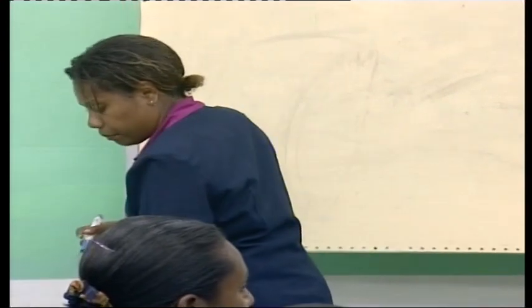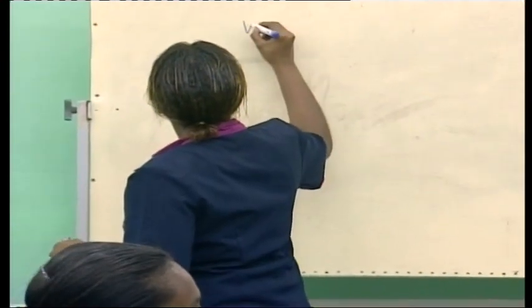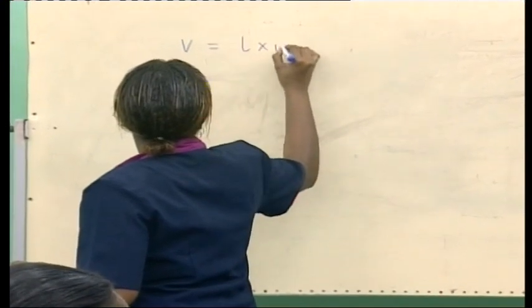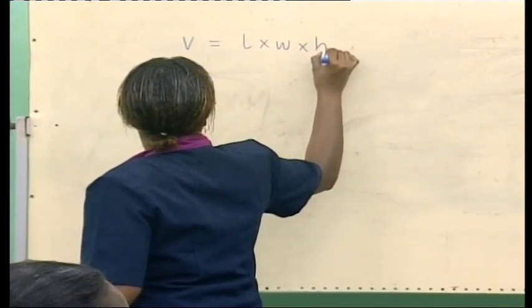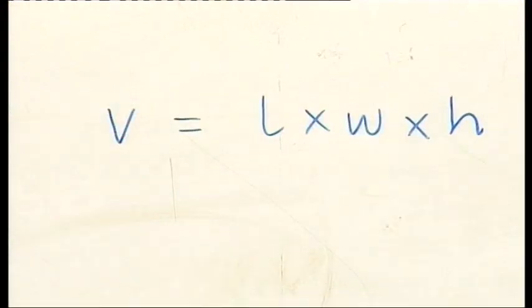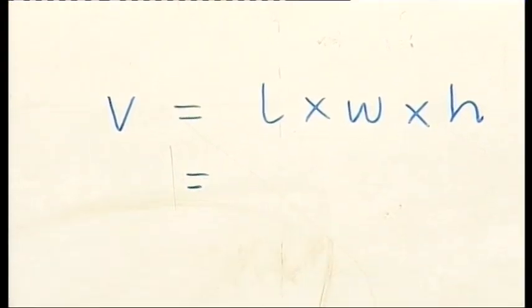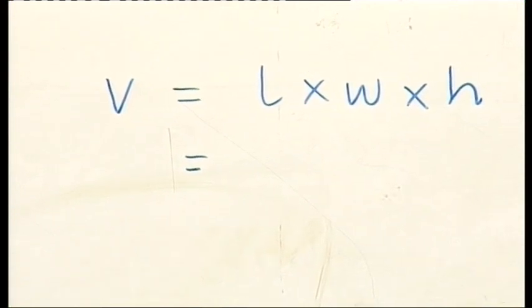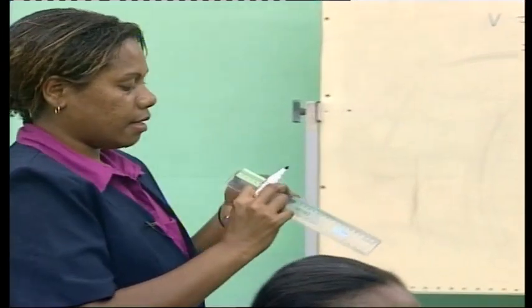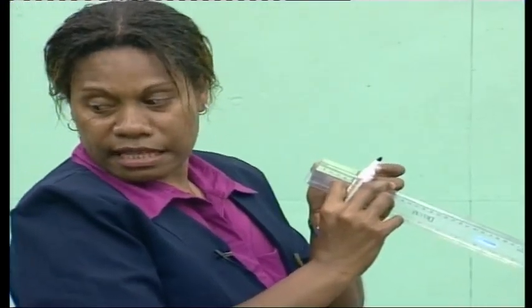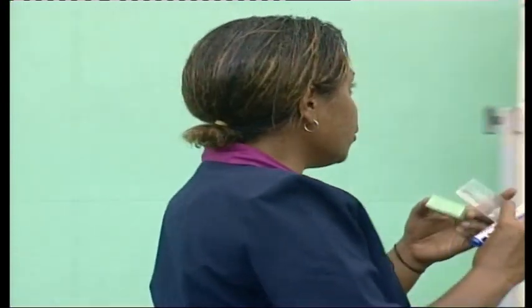Length times width times height, or area of base times height, which is equal to, the length is 5 centimeters, class. Record that one down.